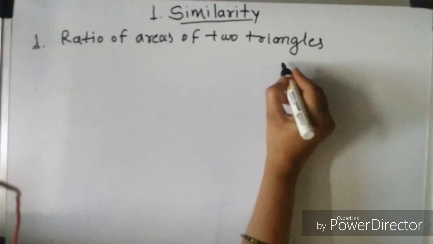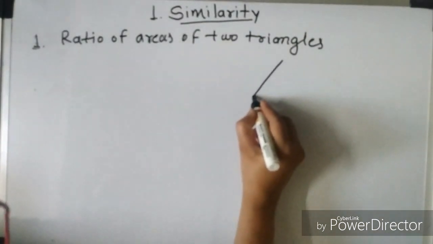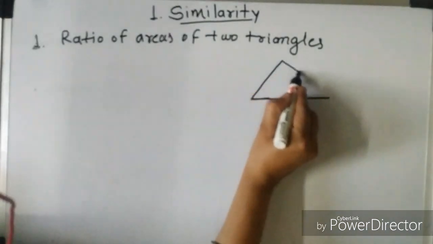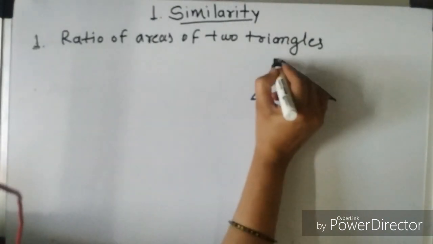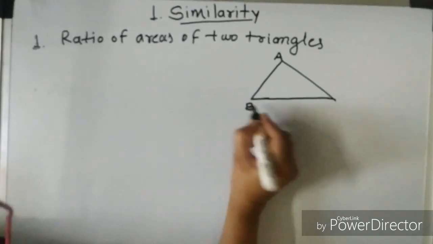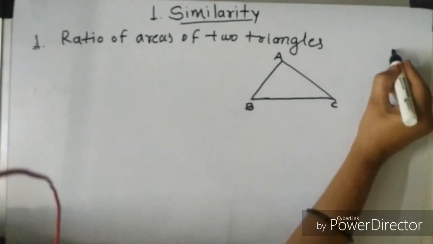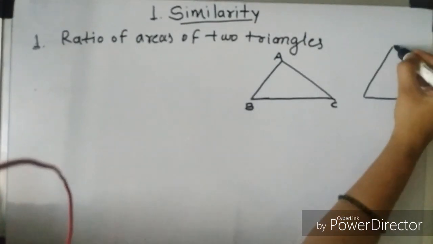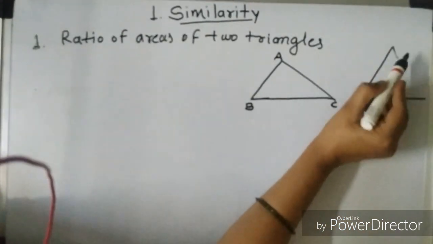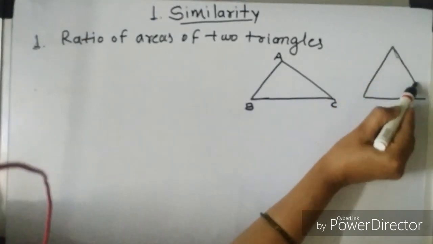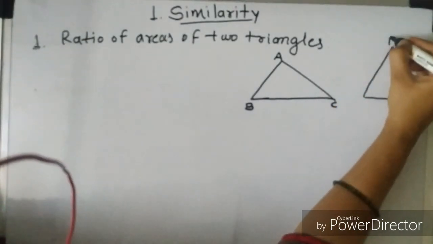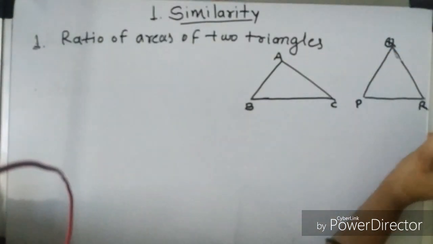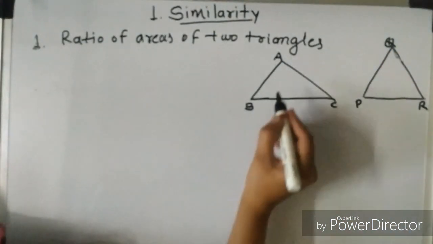Let us suppose two triangles. Triangle ABC, and the next triangle, for which we are calculating the ratio of areas, is your second triangle PQR.